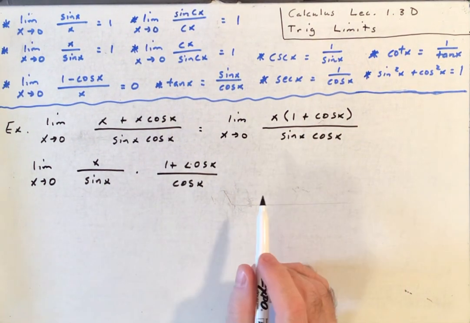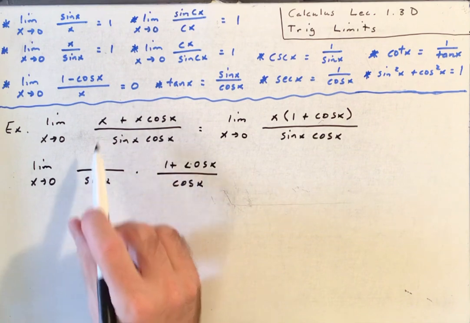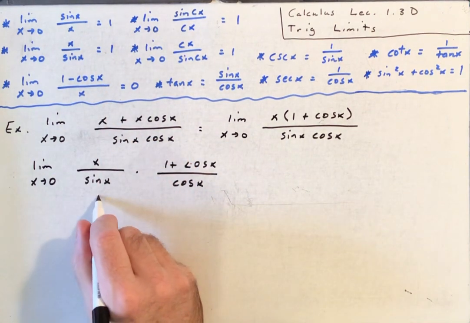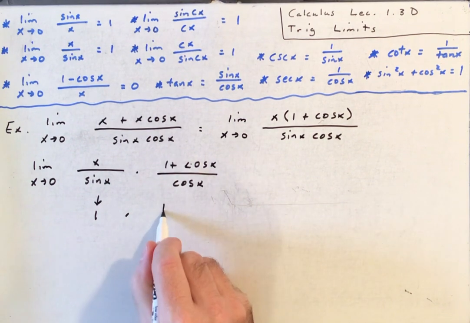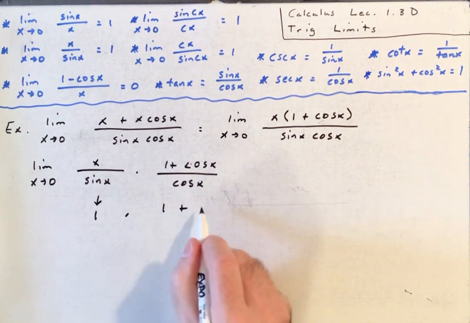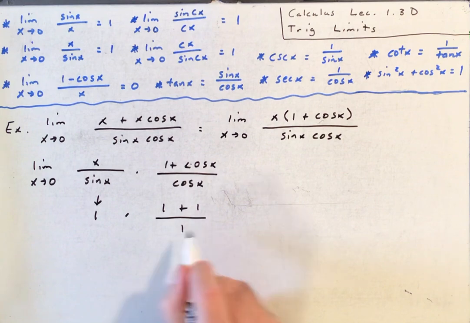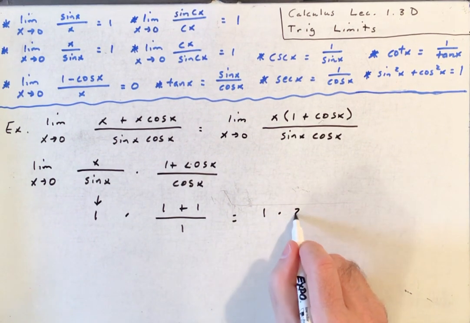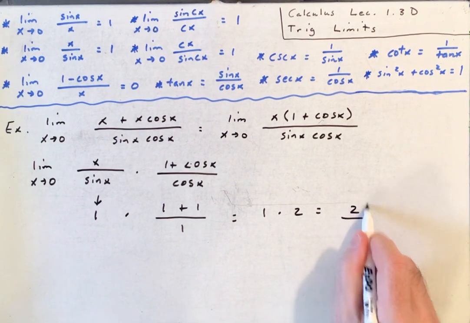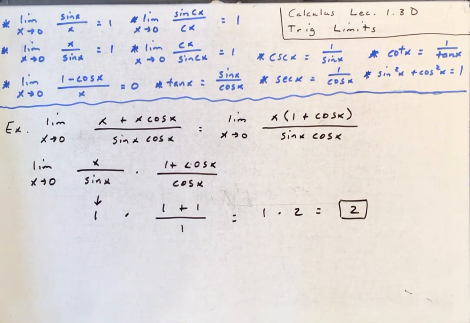Okay, I just broke it up, and now I have x over sine x, which we know is 1. Now this is going to be 1 plus the cosine of 0, which is 1, over 1. So that's 1 times 2, which is 2. All right, looks real bad, but it's not so bad.